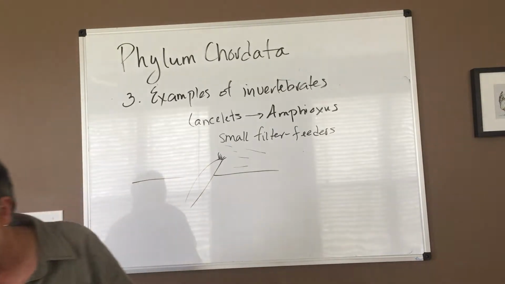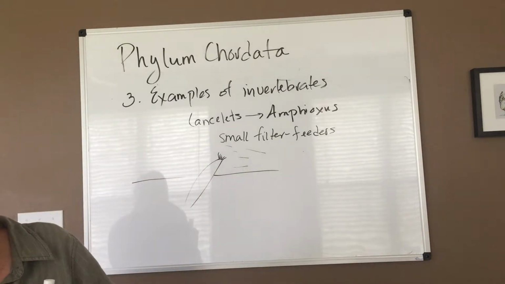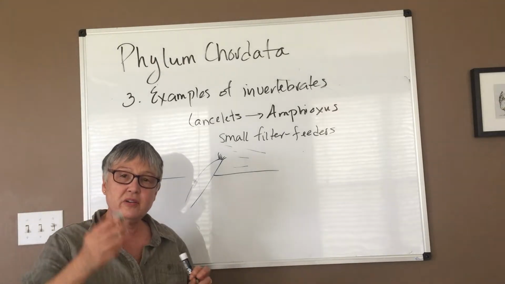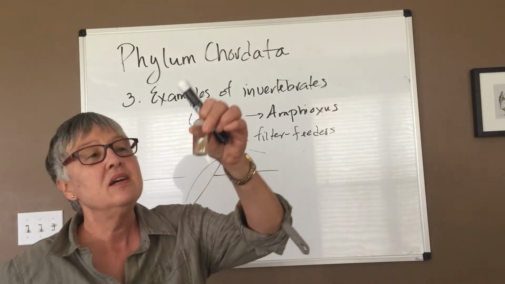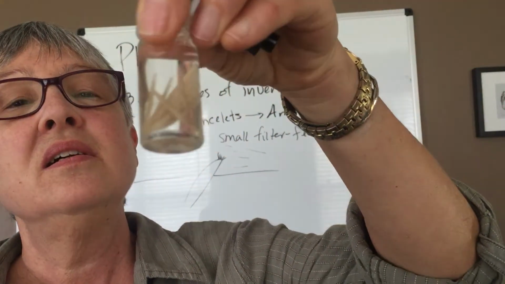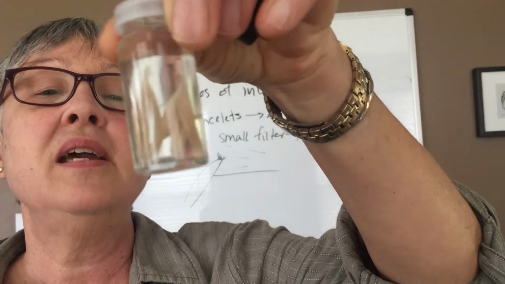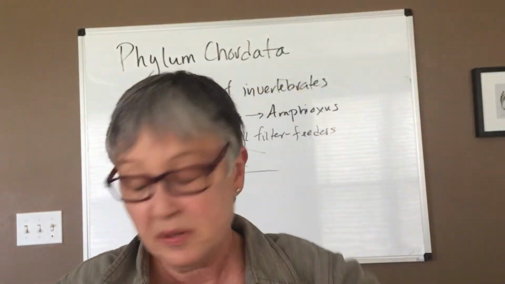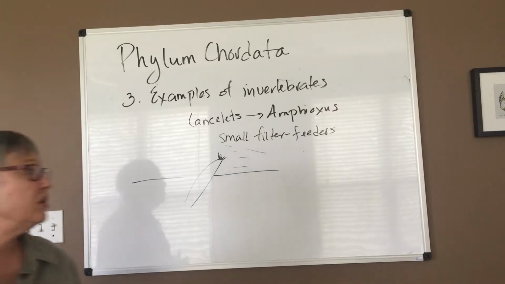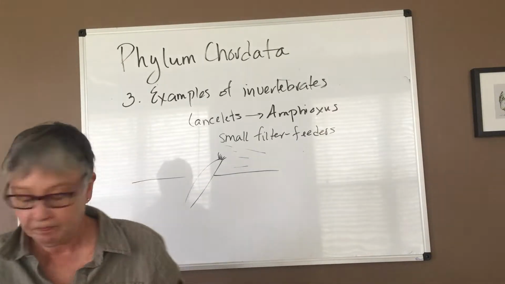There's actually a diagram and a picture in your textbook, figure 25-1, and I don't know how well you can see this, but these are some preserved Amphioxus. They don't look like much, but they actually are more closely related to us than some other organisms.